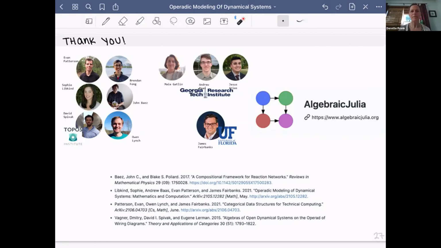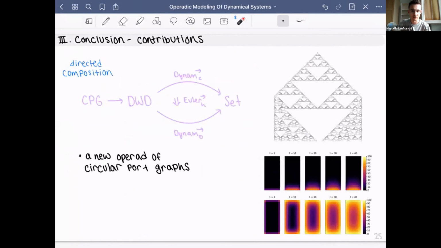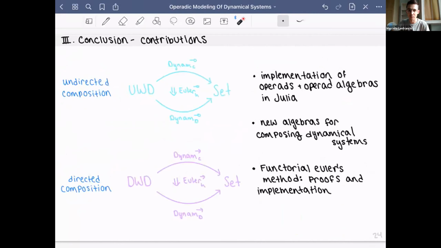Thank you. Marcelo, you can unmute yourself. Yeah. So thanks for the talk. Really interesting. I would like to ask you if you have considered a situation like, for example, people moving from one city to another with different velocities. So maybe weights on the morphisms, did you try to do something?